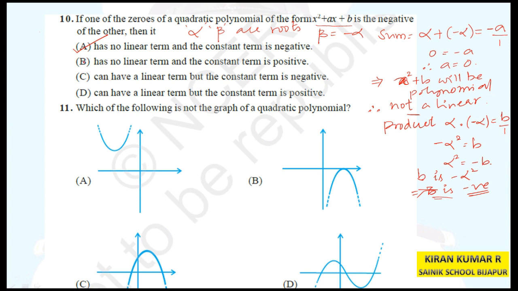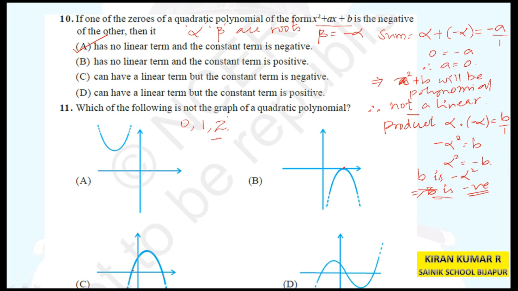Look at question number 11. Which of the following is not a graph of a quadratic polynomial? We have learned in our previous session, the graph of a quadratic polynomial will always be a parabola. Here there are 3 graphs having parabola. The number of zeros can be 0, the number of zeros can be 1. At the most, the number of zeros is 2 for a quadratic polynomial.